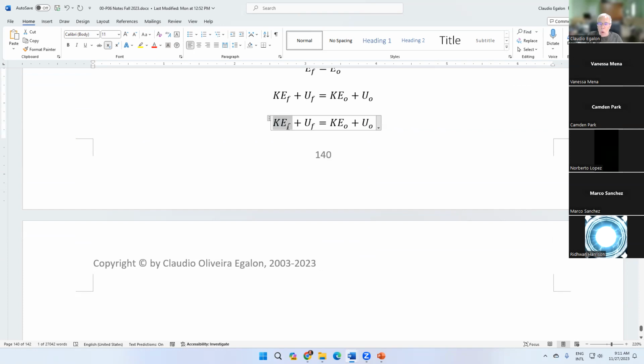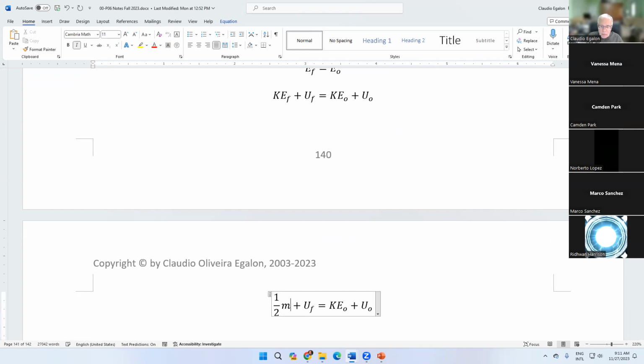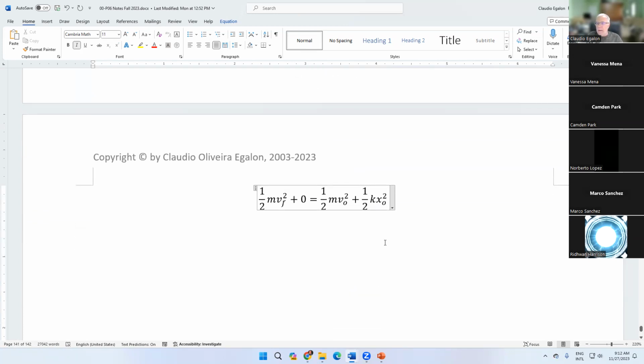Okay, final kinetic energy is half m Vf square. Final potential energy is going to be 0 because xf is equal to 0. Initial potential energy is this one right in here, half kx naught square, like that. We know x naught, we know v naught, and we're trying to get the Vf, right?